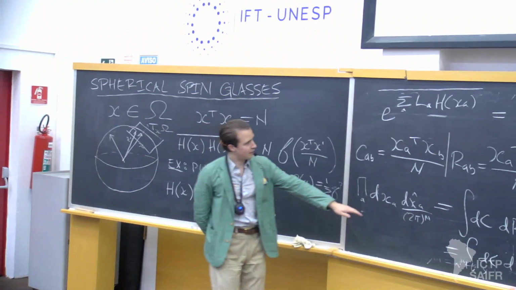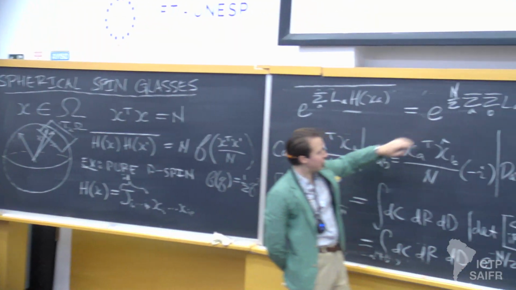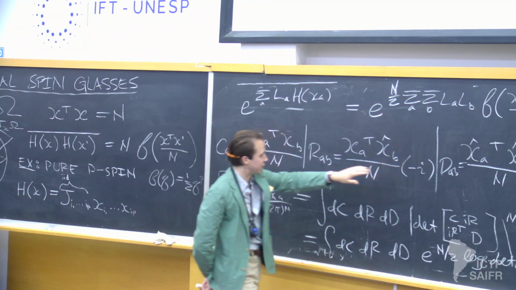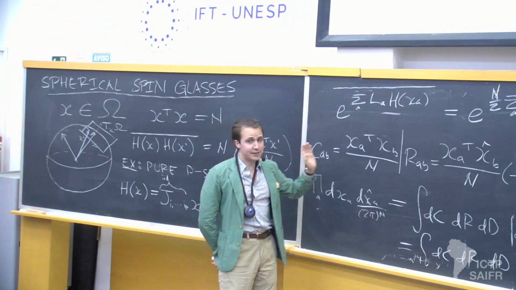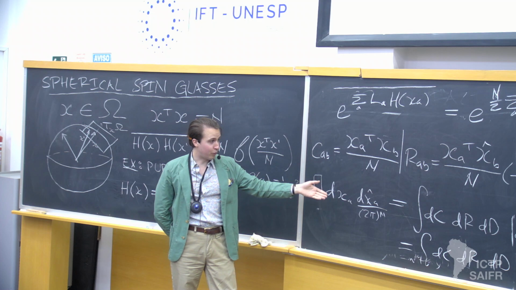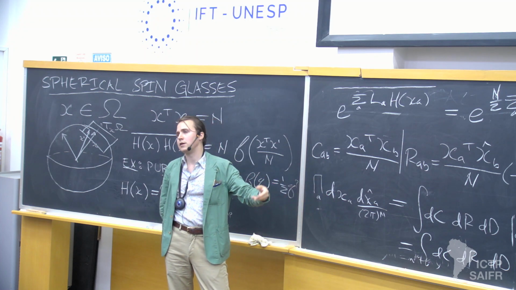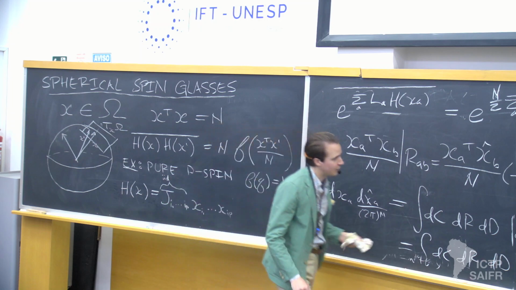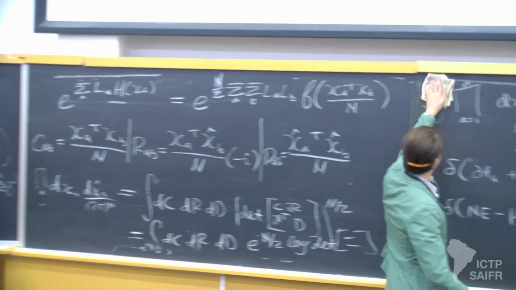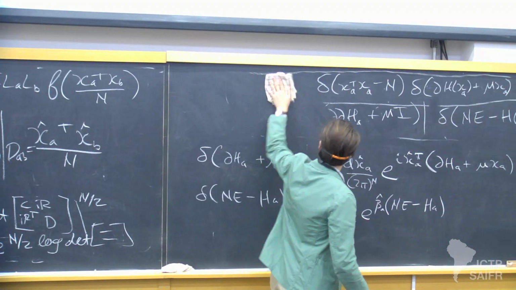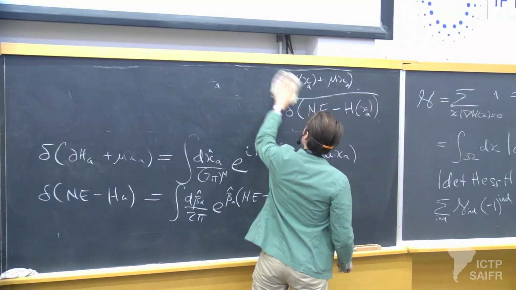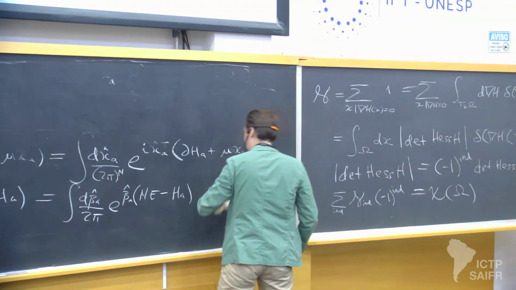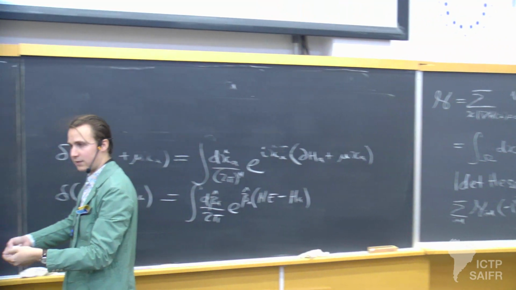So with this piece here that I didn't write out, which also has an n out front and depends on these nice order parameters, and the constant piece contributed by the Hessian term, we have now something ripe for trying to take a saddle point.